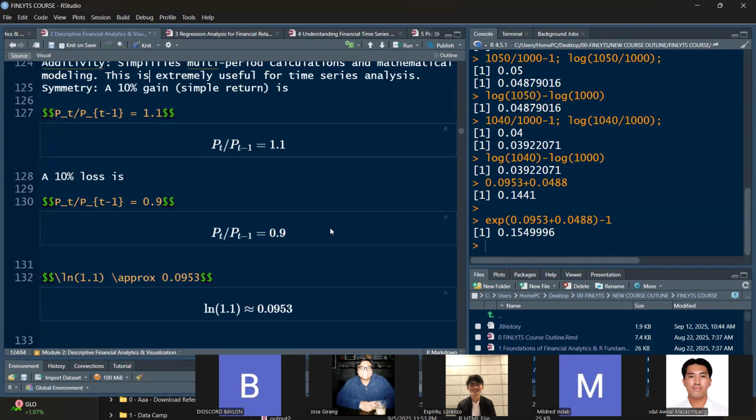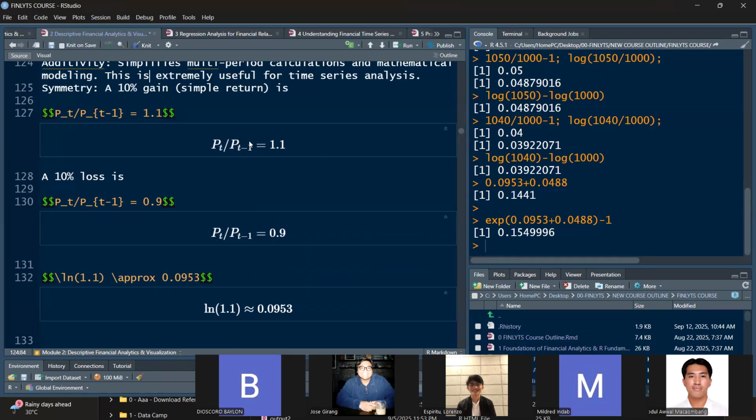Here I have an example. If you take a look at this, class, the ratio of P sub t over P sub t minus 1 is 1.1, which means that the return is equal to 10%.